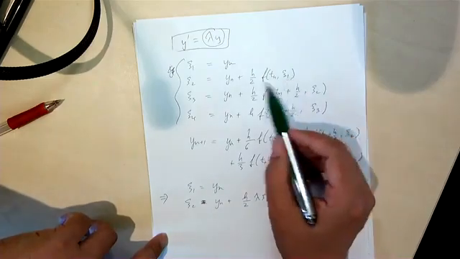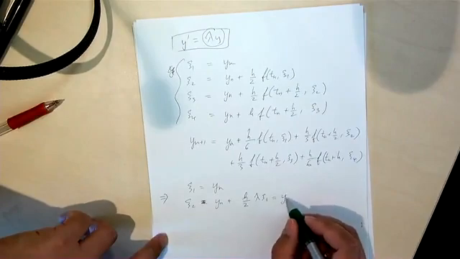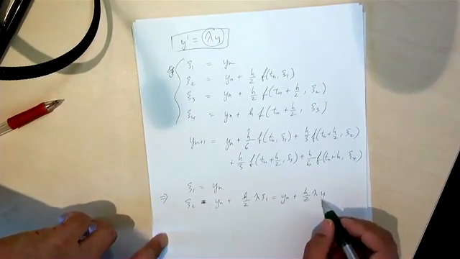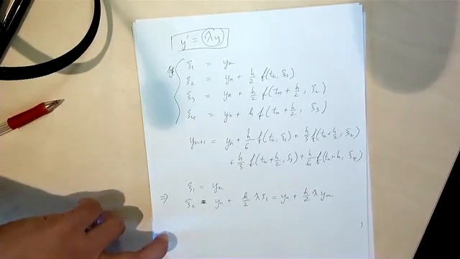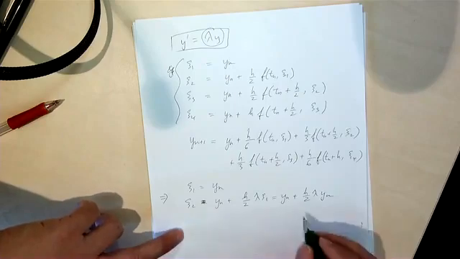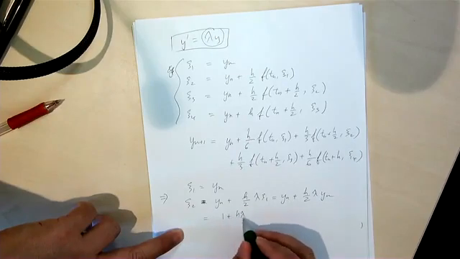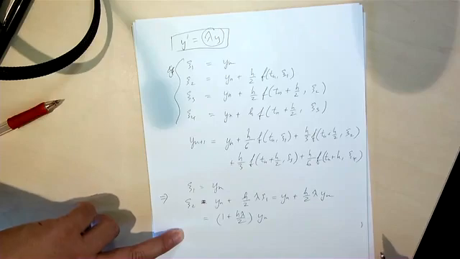Because this is your f, yeah? But what is xi 1? In this case it will be yn plus h over 2 lambda yn, because xi 1 is yn, okay? So this is your xi 2. Your xi 2 will be 1 plus h lambda over 2 yn, okay?